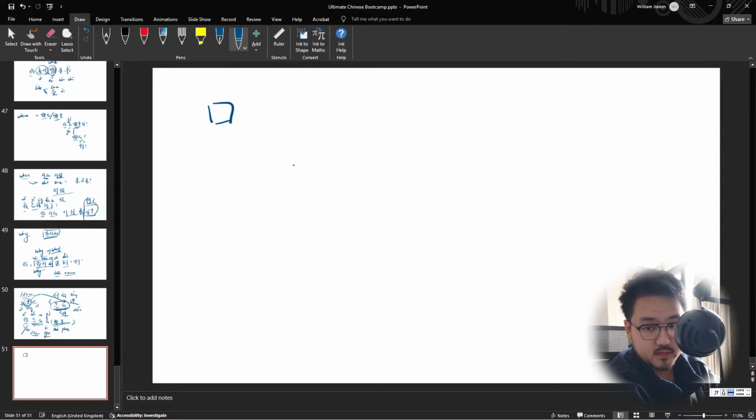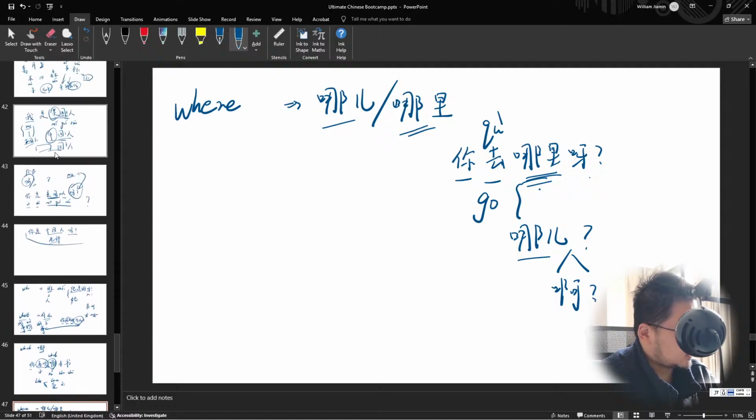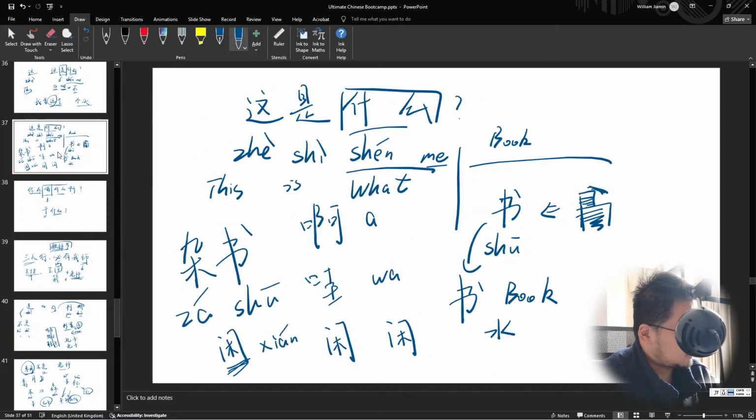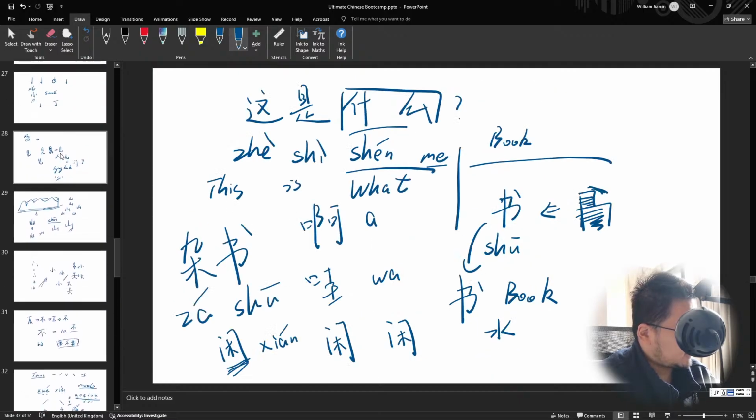So for example, this 口, okay? 口 is like the mouth, and I think we may briefly cover this. 口 is what?